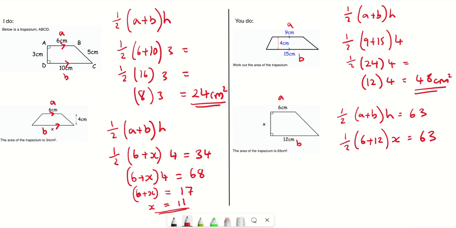So 6 plus 12 is 18. And we're going to times it by a half this time. So half of 18 is 9. So to get rid of the 9 here, because it would be 9 times x, we're going to divide both sides by 9. So x equals 7.